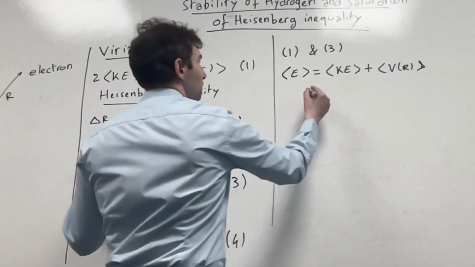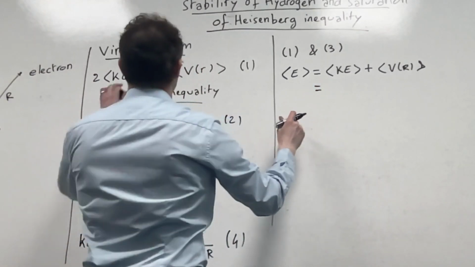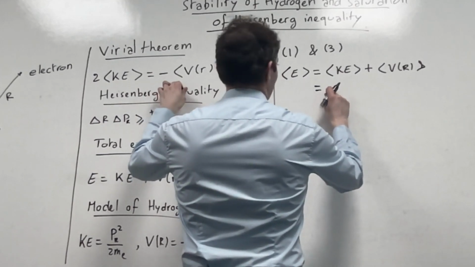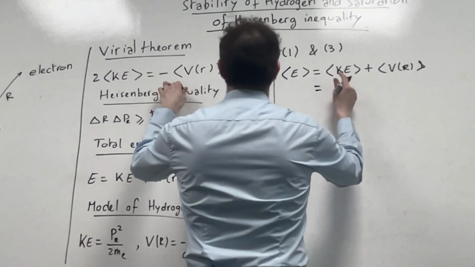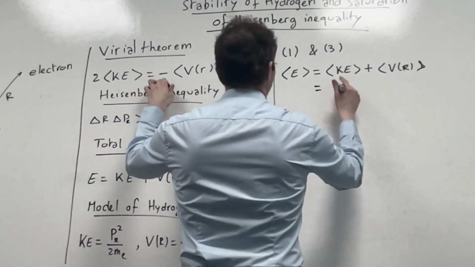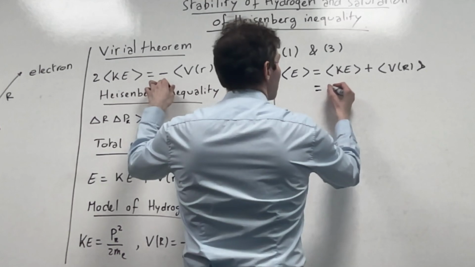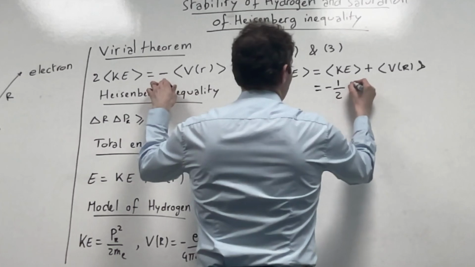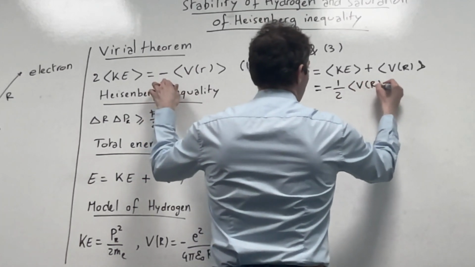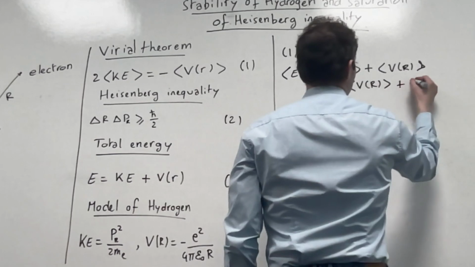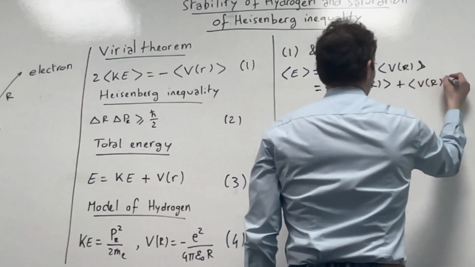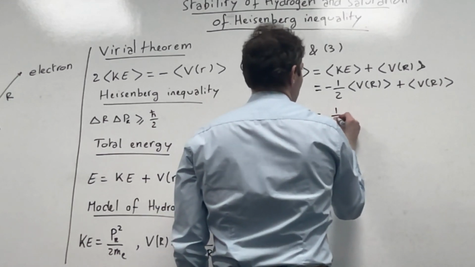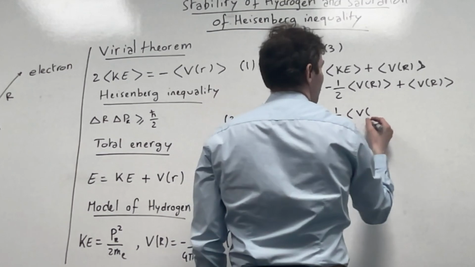And then I'm going to use the fact that you can write that the kinetic energy is equal to minus a half V of R, and then plus V of R. And so it's equal to half of the expectation value of V of R.